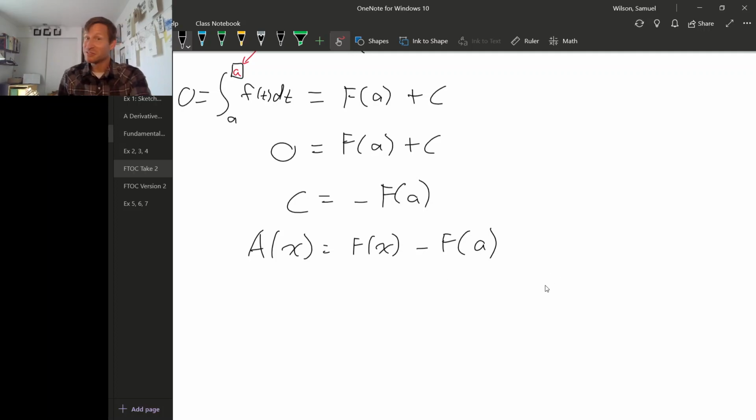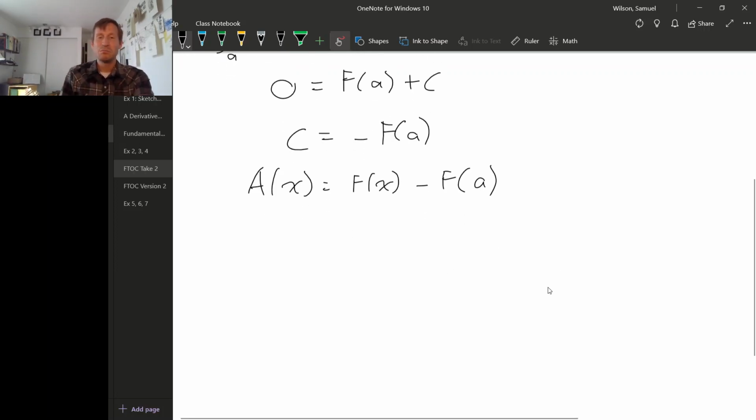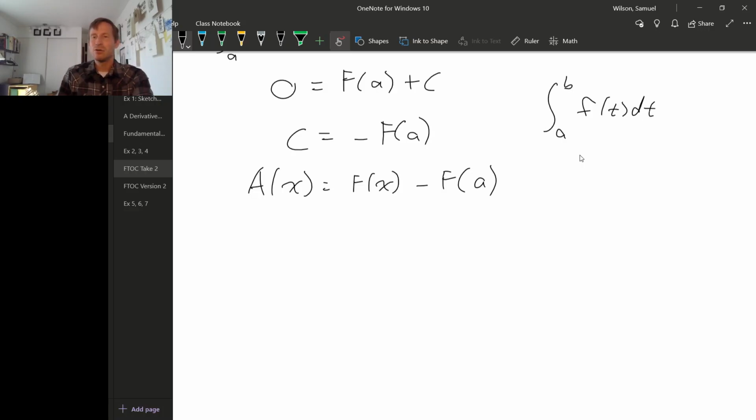Now this probably doesn't look so amazing, but let's imagine that we were trying to calculate a definite integral like this: the integral from little a to little b of little f. Well, look, this is almost the area function. In fact, it is the area function, but it's been evaluated at b. So let's plug b into this equation.